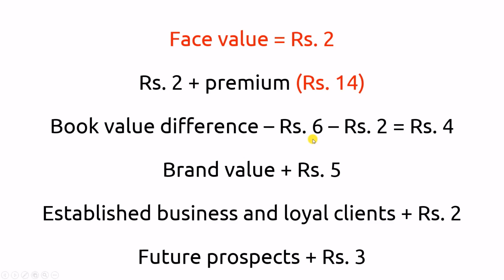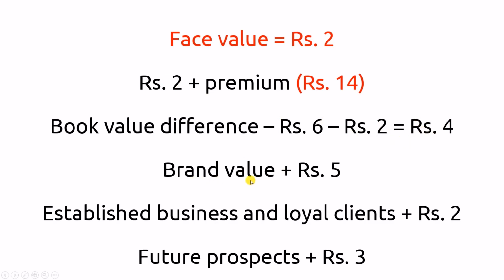I told you that the worth of the company is 18,000 plus 2,000 in the previous slide, and worth of each share is 6 rupees each. Correct? So 6 rupees minus 2 rupees. What is 2 rupees? Face value. So 6 rupees minus 2 rupees is 4 rupees. So 2 rupees plus 4 rupees. Okay? 2 rupees plus 4 rupees.